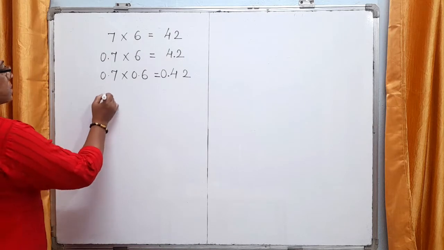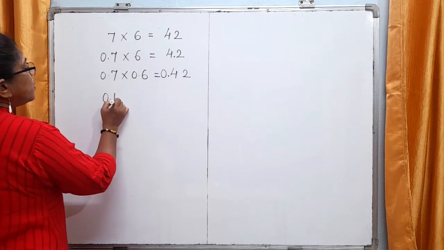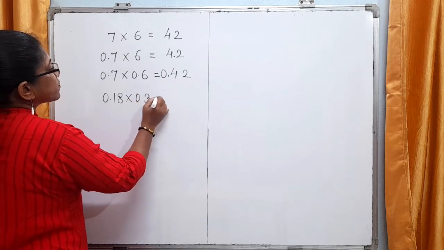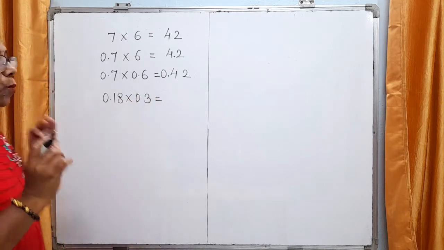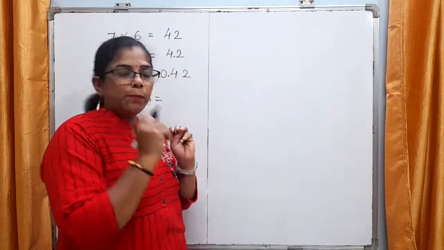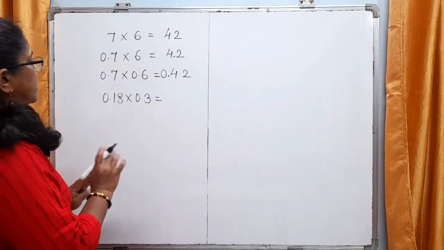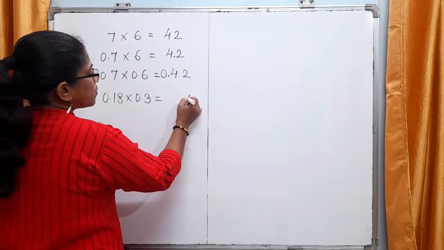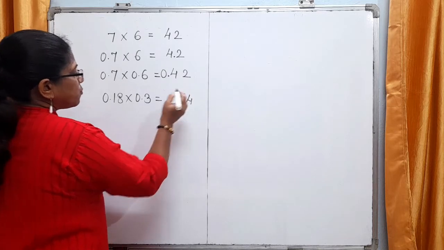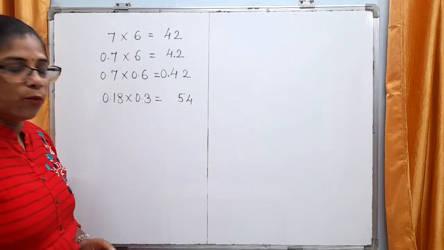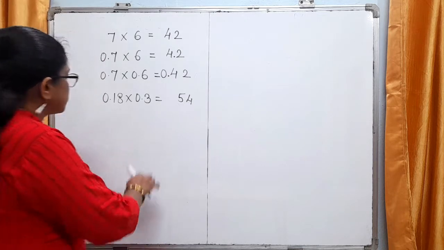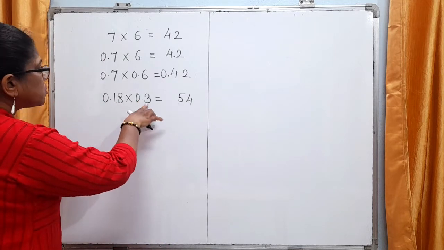One more example. 0.18 into 0.3. Ignore the decimal point, multiply. 18 into 3. 3 8s are 24, 2 comes here, 3 1s are 3 plus 2, 5. So 18 into 3 is 54. Now how many decimal digits do we have in the given numbers? 1, 2, 3.